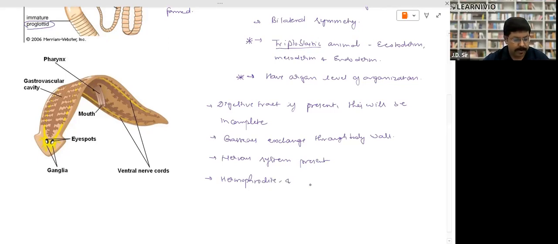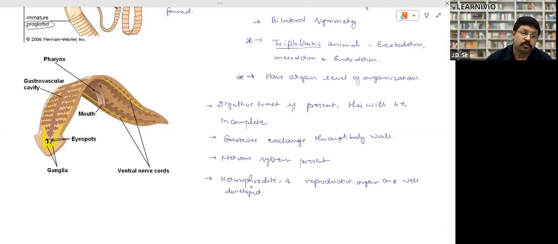And the reproductive organs are well developed. Right.